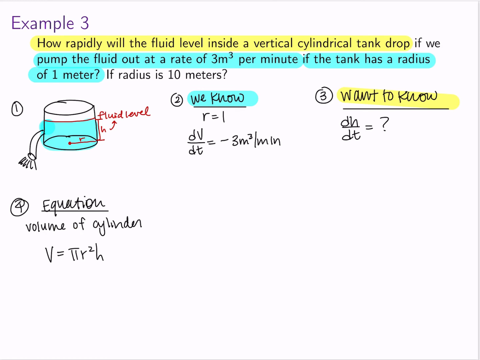And one thing to note, we know r is constant in this case. And since r is constant, we'll have to remember that as we go to the next step, that we can just leave r as constant. Okay. All right. So let's take our derivative.